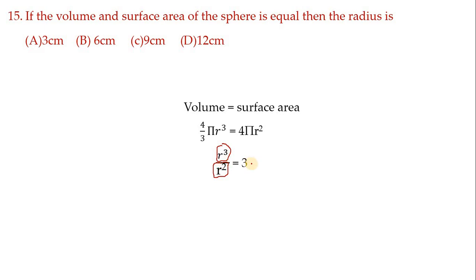According to laws of exponent, we can write this as r raised to the power of 3 minus 2, which is r to the power 1. R to the power 1 is nothing but r only. So now r is equal to 3. So the correct option is option A.